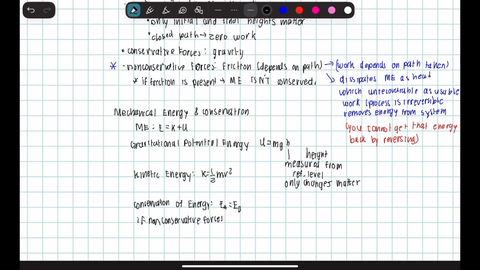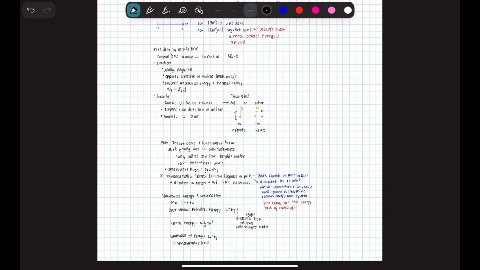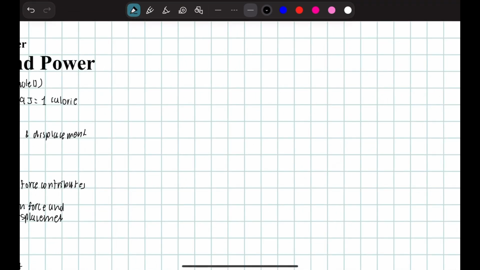So let's talk about the pendulum energy problem. This is a formula you have to remember: h is equal to L minus L cosine theta.